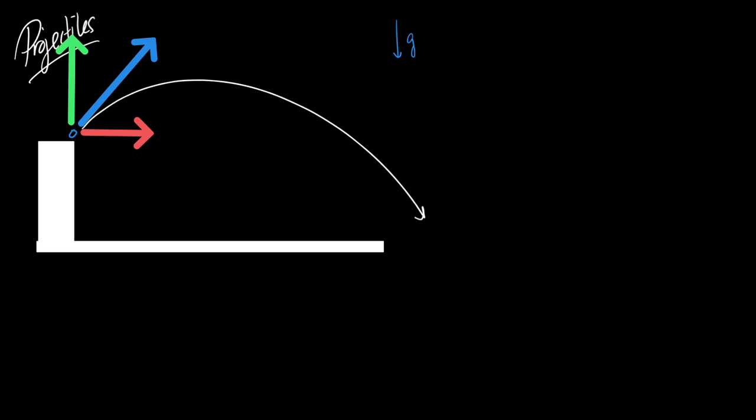This component of the velocity experiences an acceleration due to gravity and will therefore change. But this component of the velocity does not experience the acceleration of gravity and therefore does not change. If I break this problem up into 2 parts, a part that studies the horizontal velocity and a part that studies the vertical velocity, I can make predictions about this object's motion.